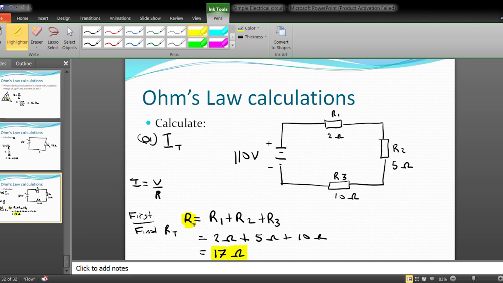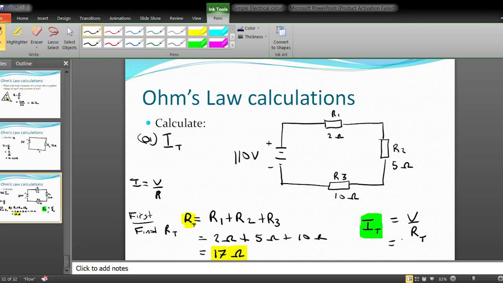Now that you've figured out the total amount of resistance, you can now find IT, which is the total amount of current. Now I is equal to V divided by R. What R? RT.